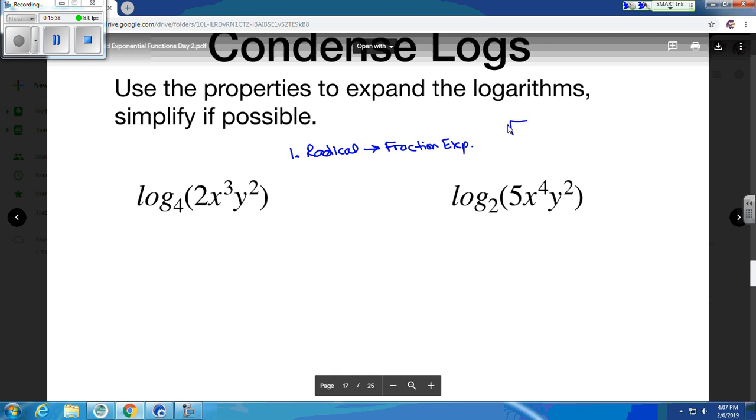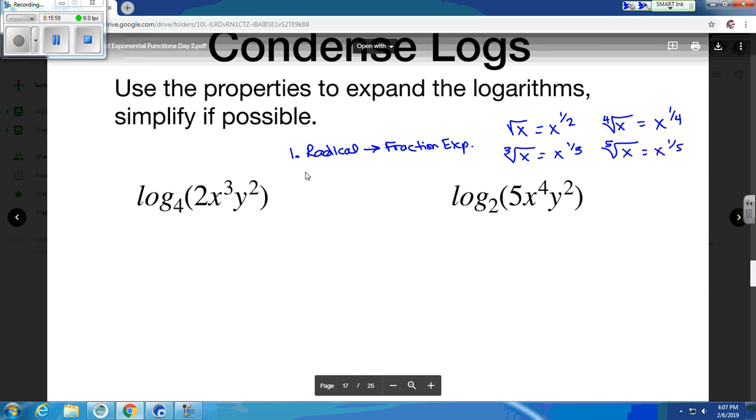Remember that square root of x is x to the 1/2 power. Cube root of x is x to the 1/3 power. Fourth root of x is x to the 1/4 power. Fifth root of x would be x to the 1/5 power, and so on.